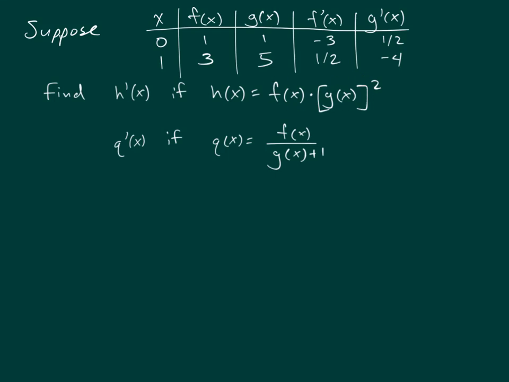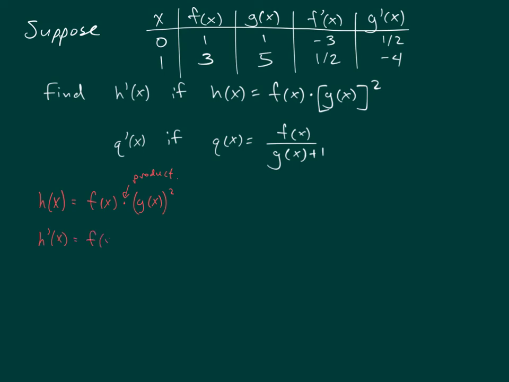So what this would look like, I'll do this in red ink here. If h of x equals f of x times g of x squared, what this means is if you find the derivative, you would have a product rule happening here, and this would look like the following.